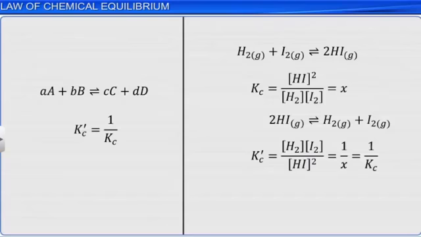Now, this is nothing but the reciprocal of x, which is equal to 1 by Kc. Thus, the equilibrium constant for the backward reaction is the reciprocal of the equilibrium constant for the forward reaction Kc.